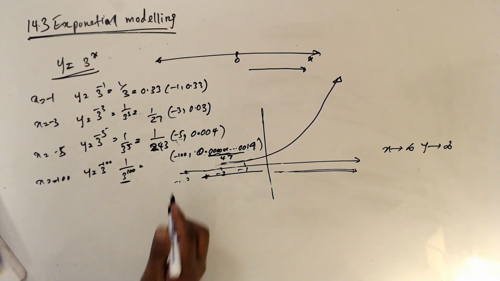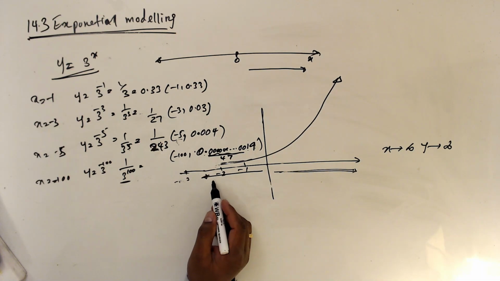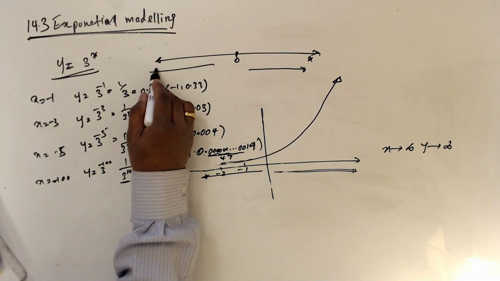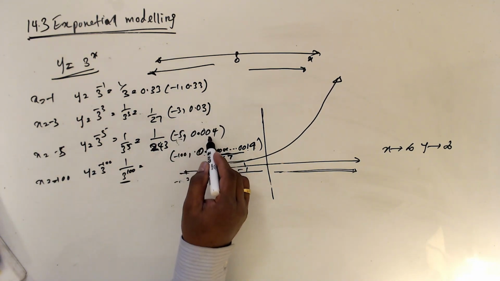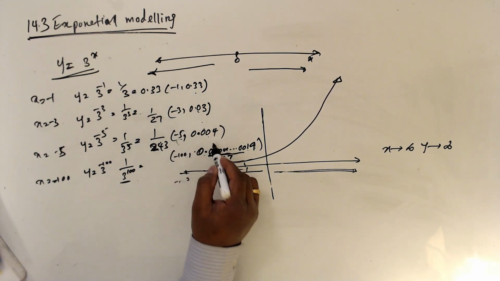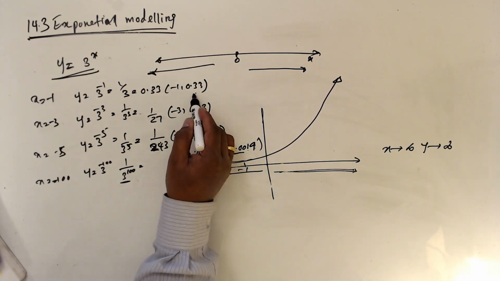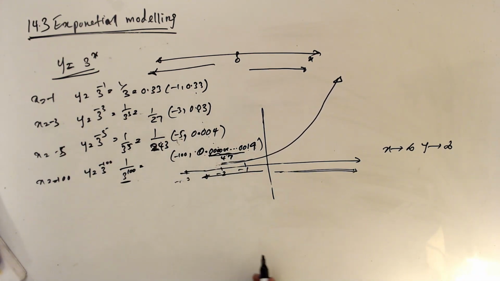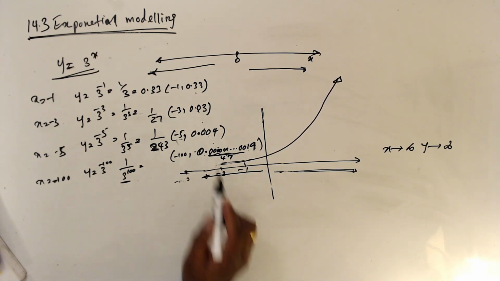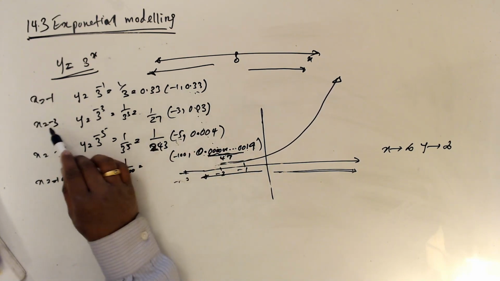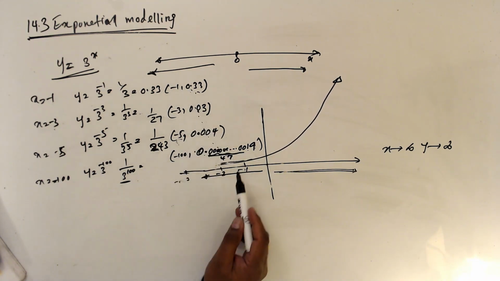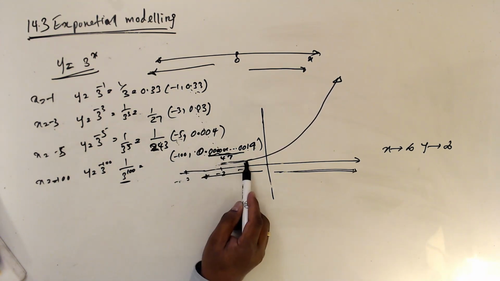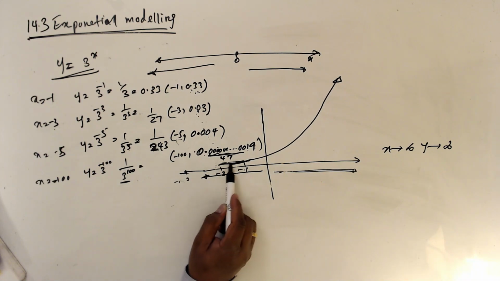Now what can you observe here? When x is going to negative infinity, is the y value increasing? No, the y value is decreasing. Decreasing towards what number? 0.33, then 0.03, so it is reducing like this.